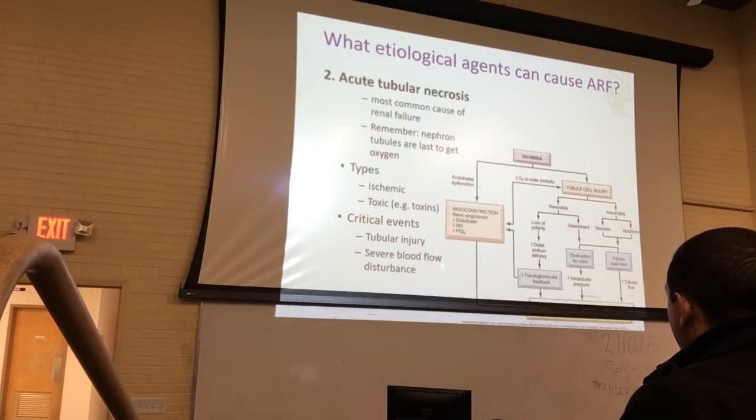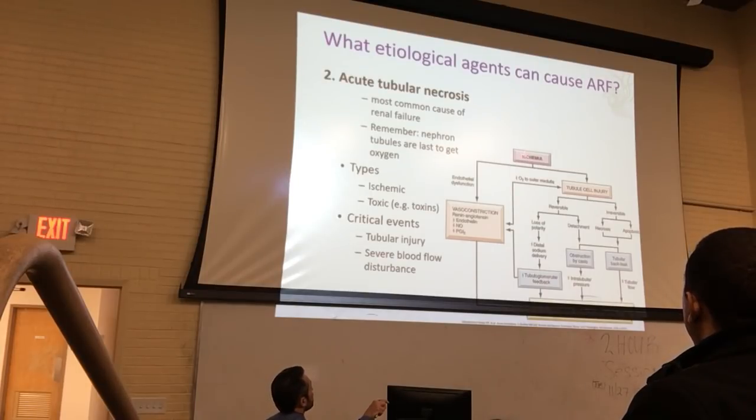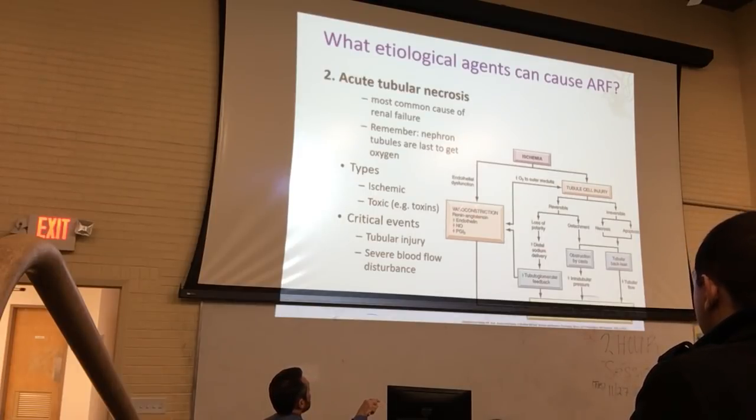The critical events that take place, well, you've got injury to the tubule network in the kidneys. You've got reduction in blood flow that causes major problems, as we're going to see on this flow chart. So if we take a look at this flow chart, we've got ischemia at the top. You've got tubular cellular injury that happens here, and/or you've got vessel problems that happen here. The vessel problems like vasoconstriction or dysfunction of an endothelium lead directly to a decrease in urine production.